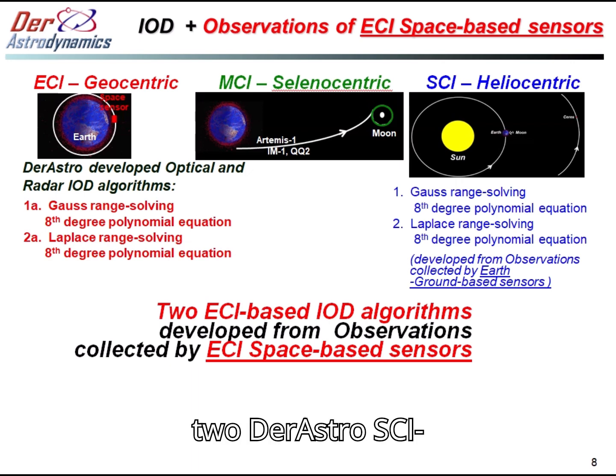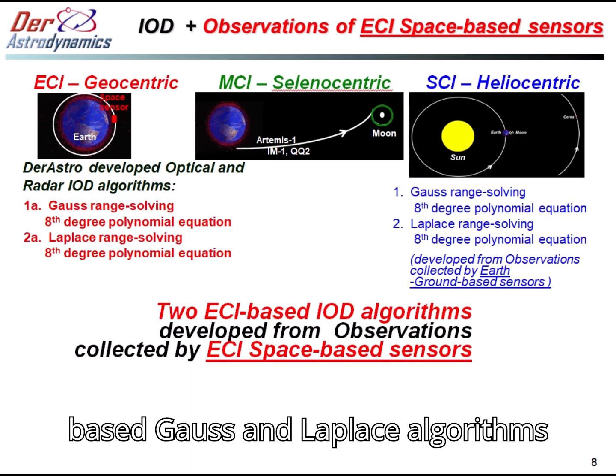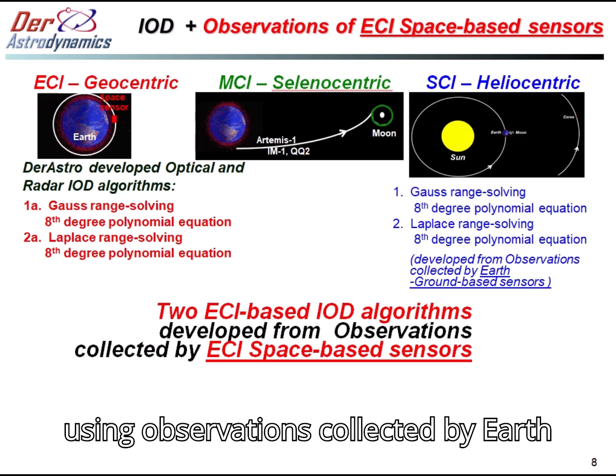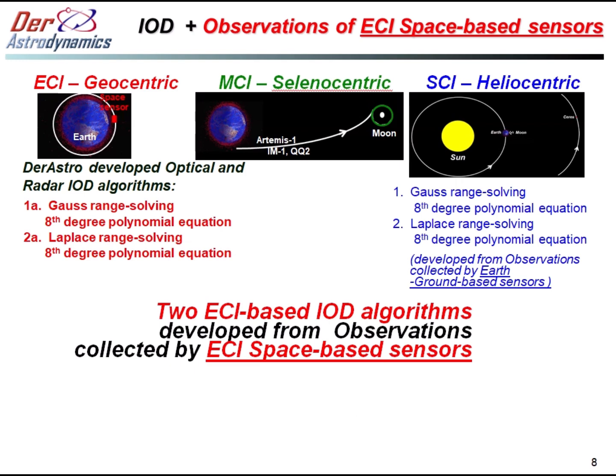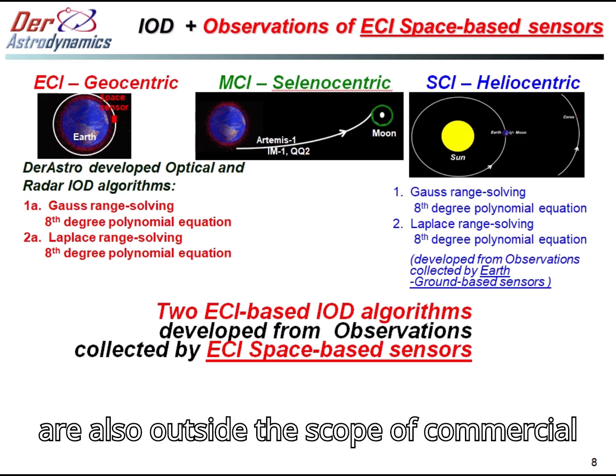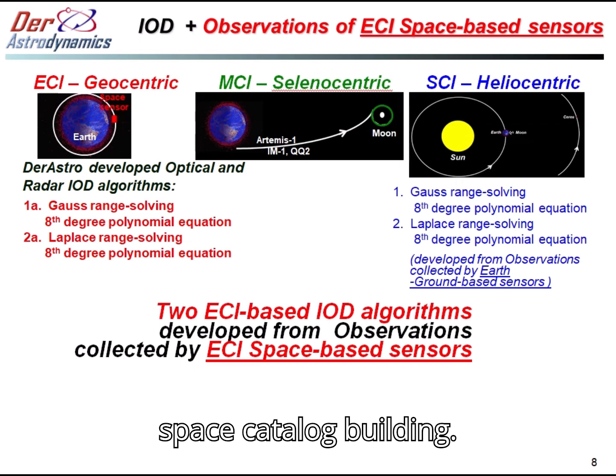The two terrestrial SCI-based Gauss and Laplace algorithms in blue, which produce SCI initial state vectors using observations collected by Earth or ECI ground-based sensors, are also outside the scope of commercial space catalog building.